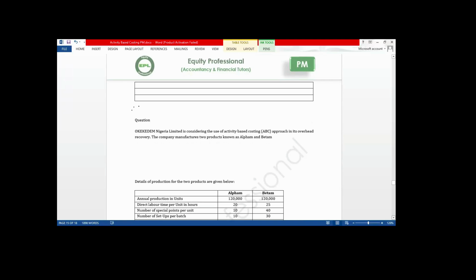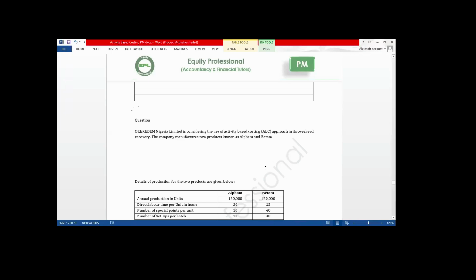The question on your screen says, OKK Dem Nigeria Limited is considering the use of activity-based costing approach in its overhead recovery. The company manufactures two products known as AFAM and BITAM. The examiner changed the products' names.